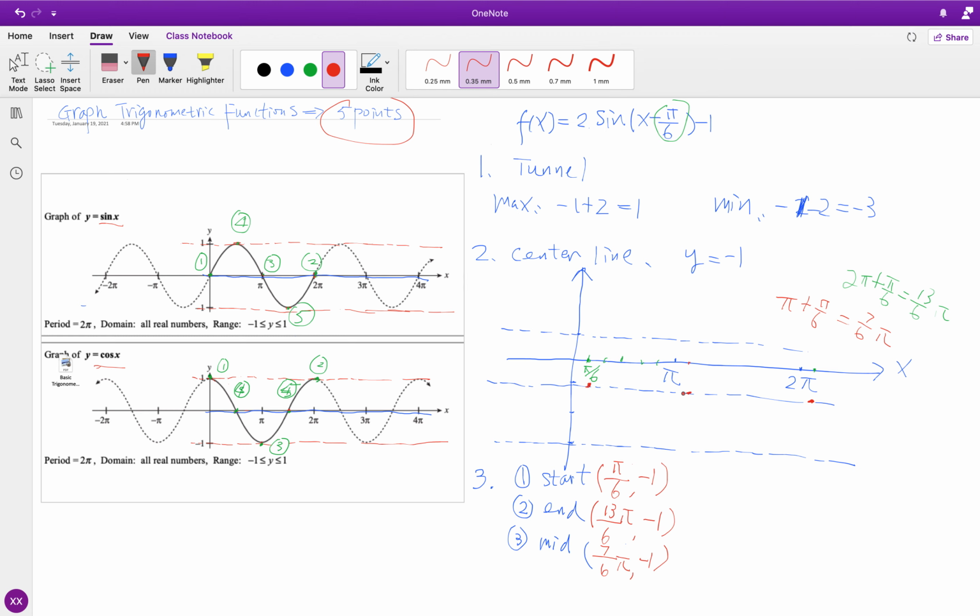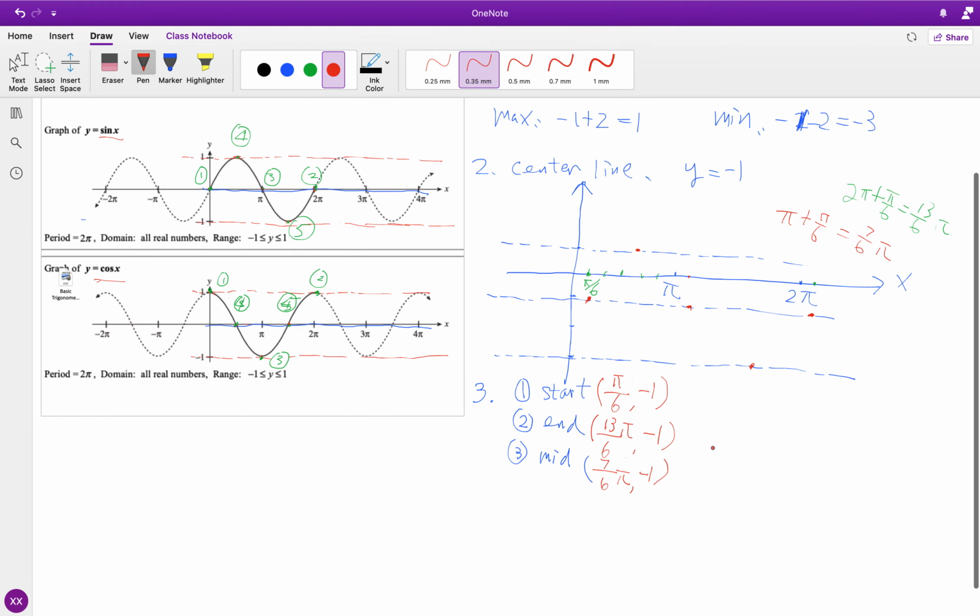In between, from this point to this point, the period is pi. From this point to this point, the period is pi. Right in the middle is my highest point, and right in this middle is my lowest point. But let's get to my fourth point, which is my max.